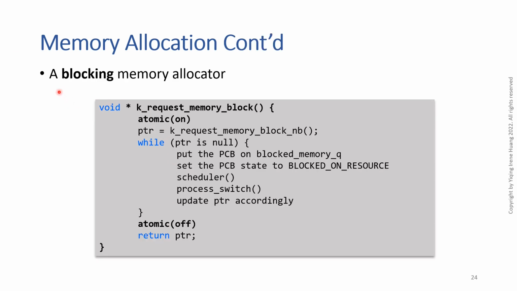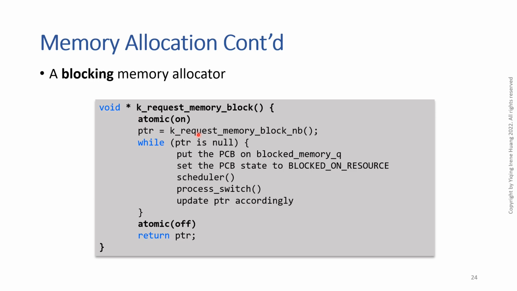Now let's move on to the blocking version of the memory allocator, which is the required API you're going to implement in P1. So you can consider this k_request_memory_block non-blocking version as part of the functionality of the blocking version. To write the blocking version, first we need to call the non-blocking version.